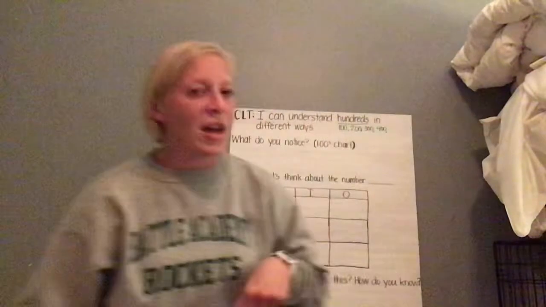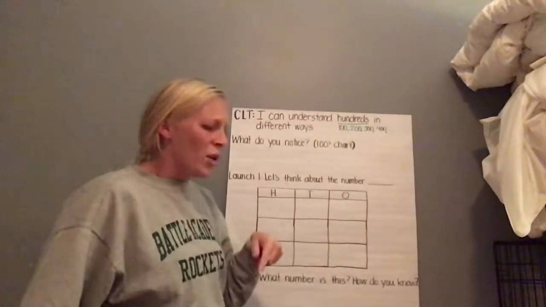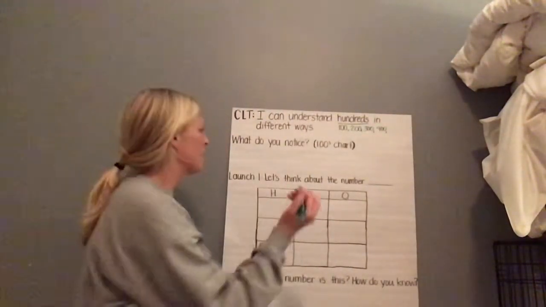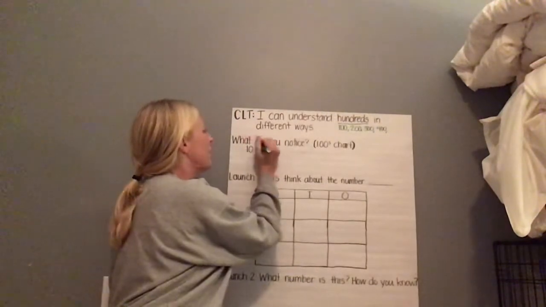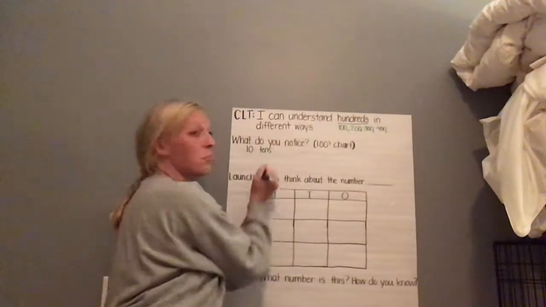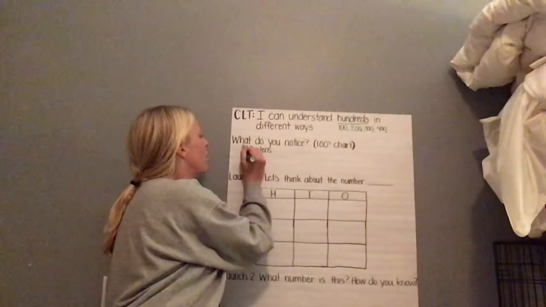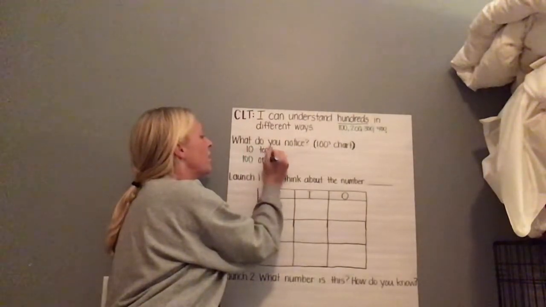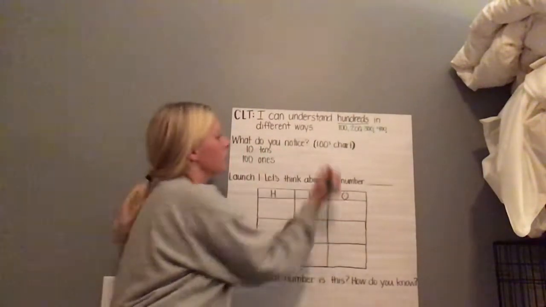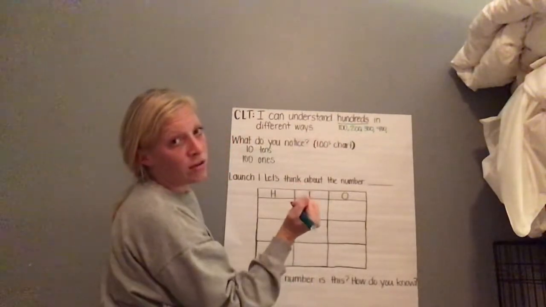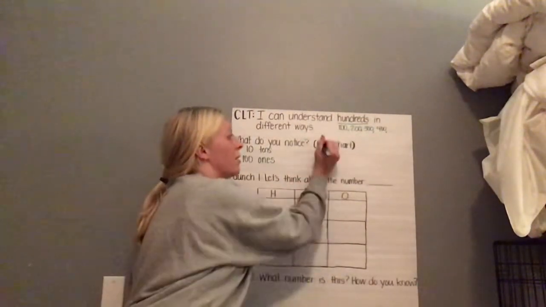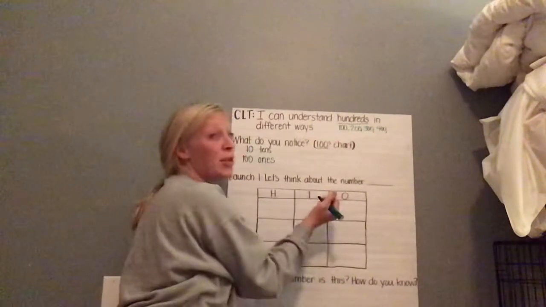So when I show you that hundreds grid and I ask you to think, what do you notice? What were some things we noticed? There were 10 tens, 100 ones. There were lots of two-digit numbers. This number 100 is a 3-digit.